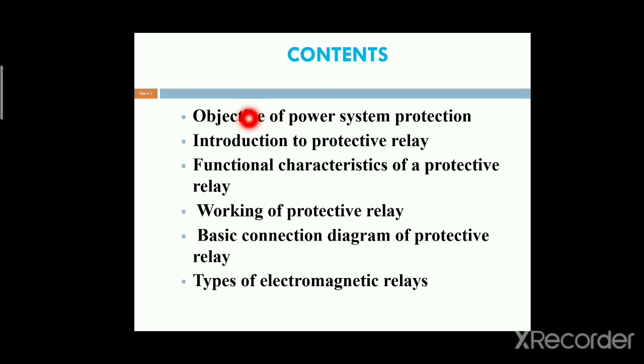Therefore, the protective relay is the brain behind the scheme in a power system. By using the protective relay we identify the faulty location. After that it gives the tripping command to the circuit breaker. Then only the breaker breaks the abnormal circuit.